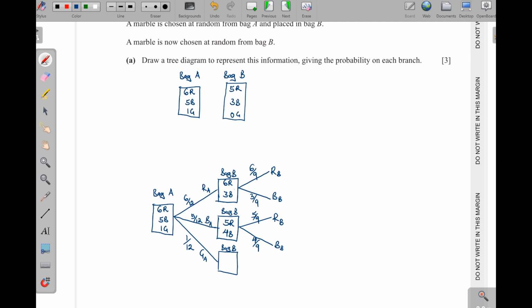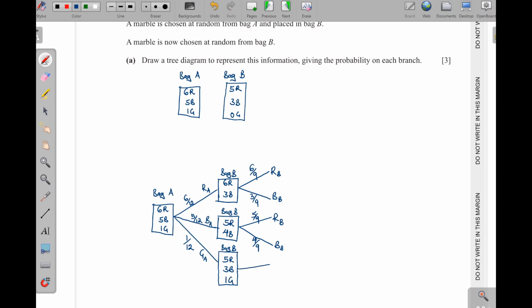Then after that, we are going to also put green in here. Now, when we pick green from A and then we put in B, we shall be having 1 green here. So the reds are 5, blues are 3, okay? And then 1 green.